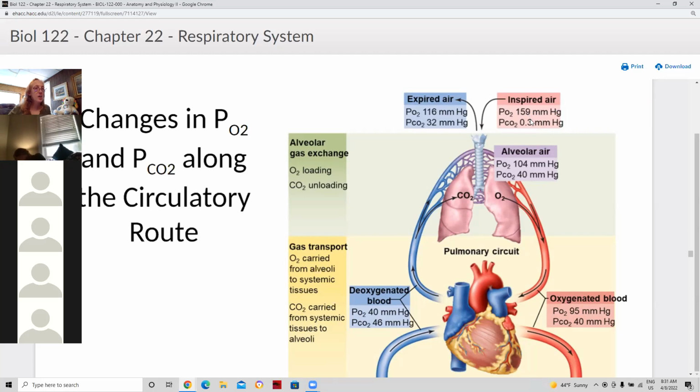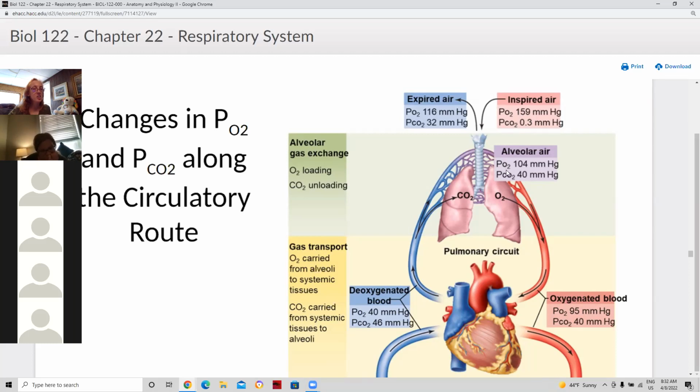Carbon dioxide, its percentage in the air is 0.04%. So 760 times 0.04% gives you 0.3 millimeters of mercury. So this is the air that's coming into the body. It comes in, it gets dissolved in the water within the lungs.